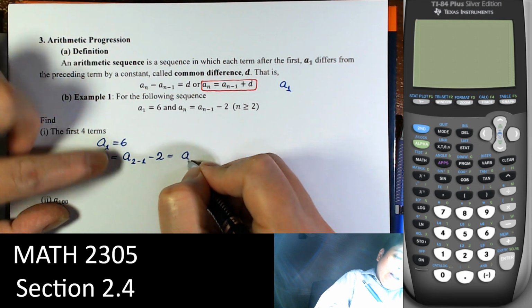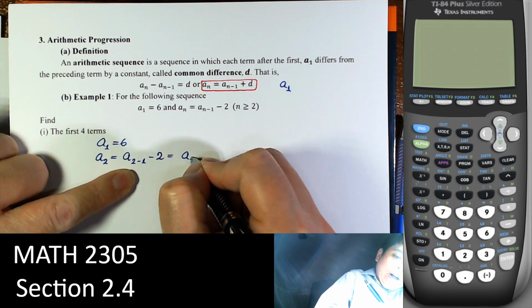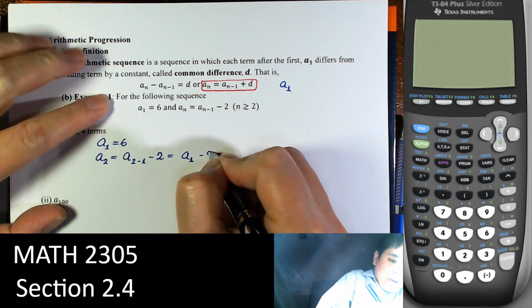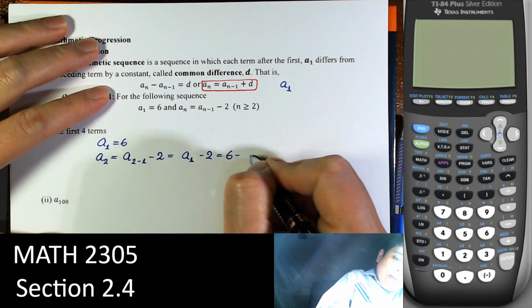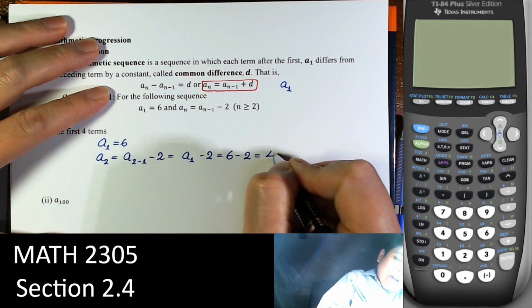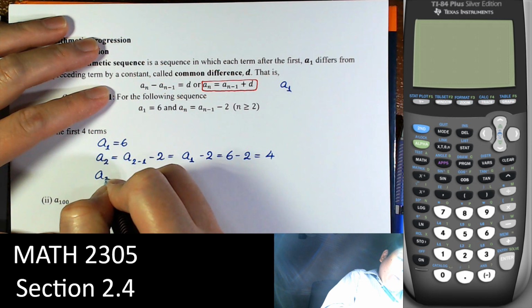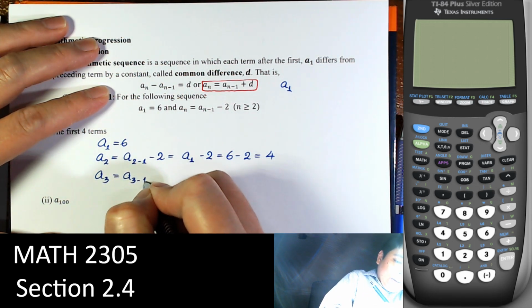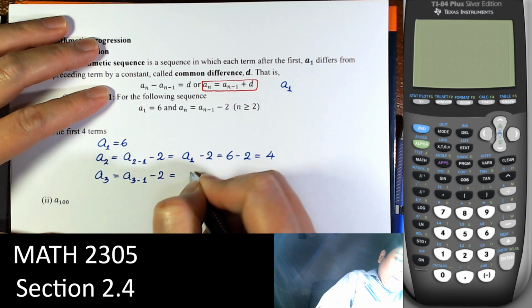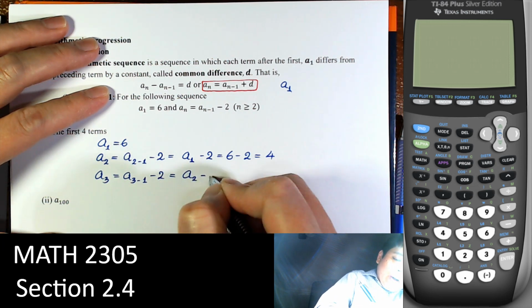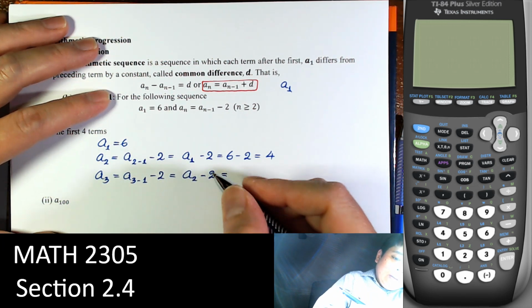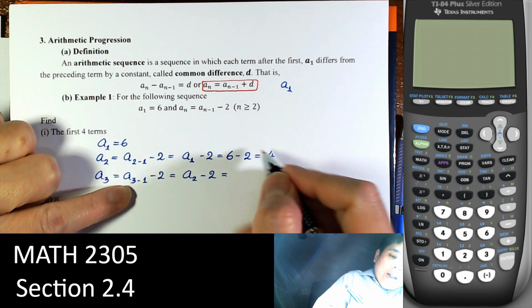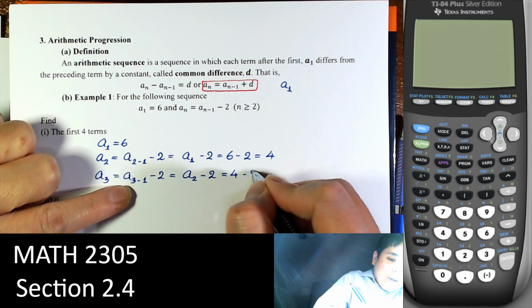So that gives us A1 minus 2. A1, 6 minus 2 is 4. Now put 3 in for n. So that gives us A2 minus 2. A2 is 4 minus 2 is 2.